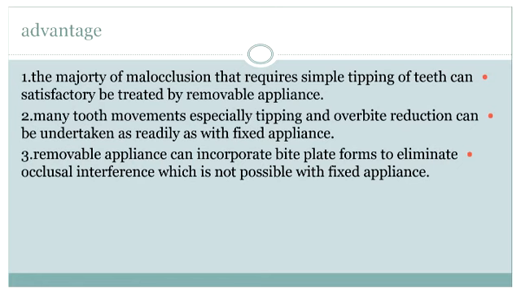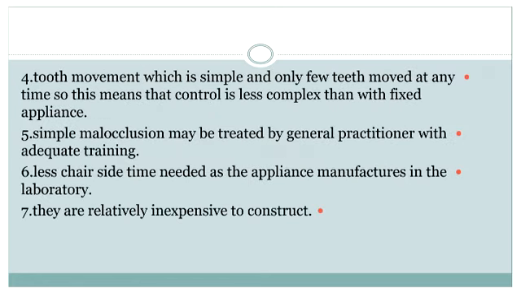Here is a very important point. Number 4, tooth movement is simple and only a few teeth are moved at any time. So this means that the control is less complex than with fixed appliance. Number 5, simple malocclusion may be treated by a general practitioner with adequate training.